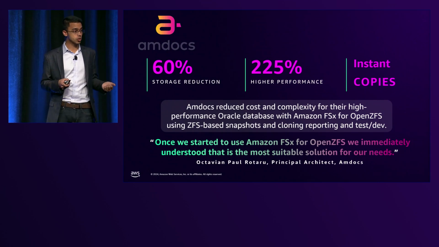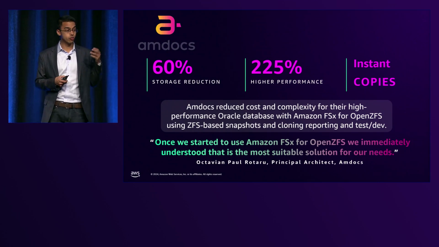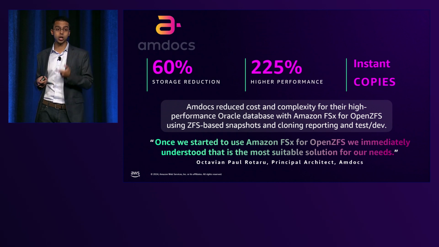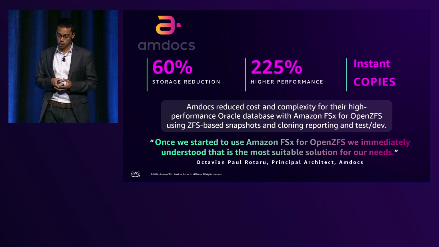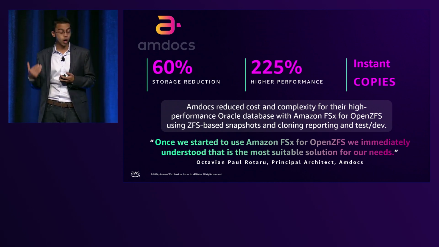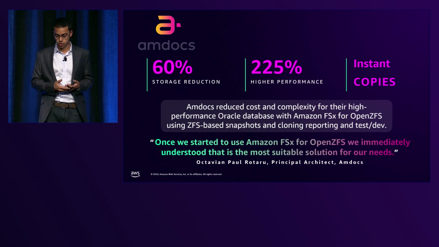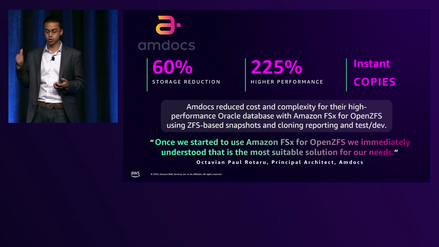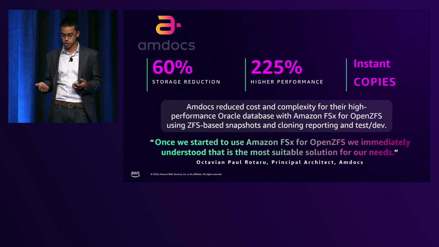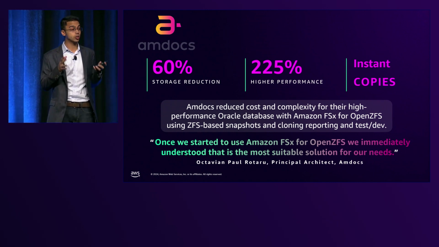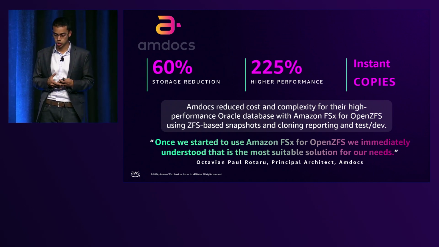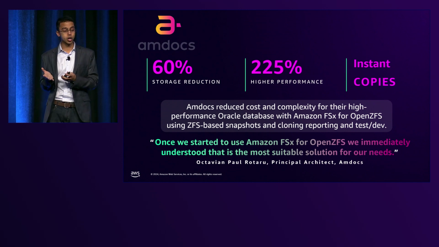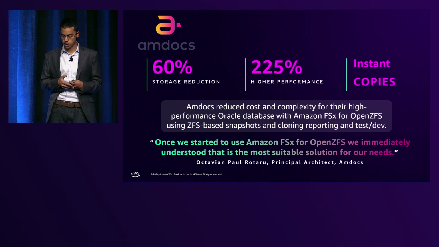So using Amazon FSx for OpenZFS, they reduced the complexity as well as the cost and the restore times by benefiting from a lot of the built-in OpenZFS capabilities. So as I mentioned, they can configure capacity, throughput, and IOPS independently to optimize cost. They could use built-in ZFS compression to make sure they were reducing costs for their high-performance databases.